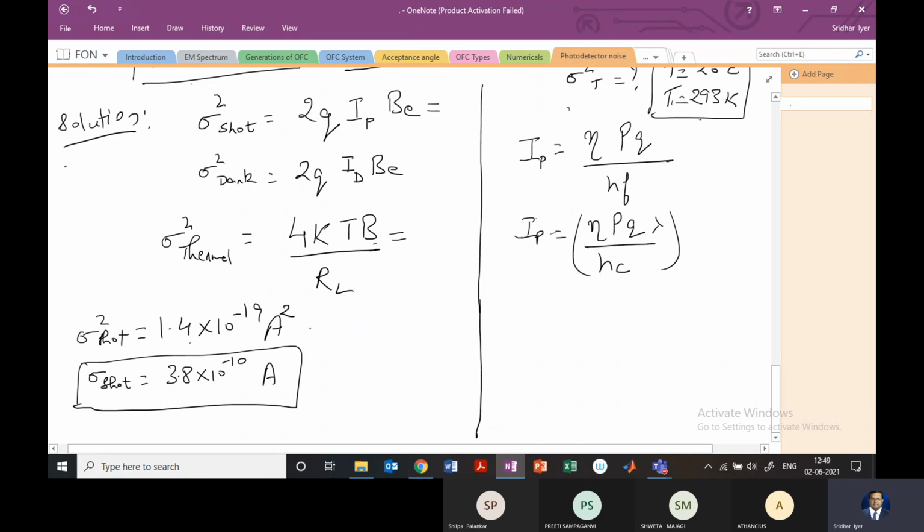So likewise, we'll see what value we get for sigma square thermal, and then we'll take the square root to get sigma thermal. So I get about 2 into 10 raised to negative 17.